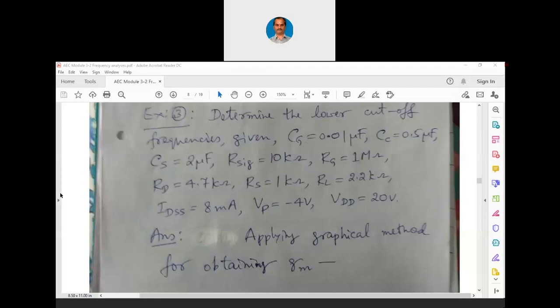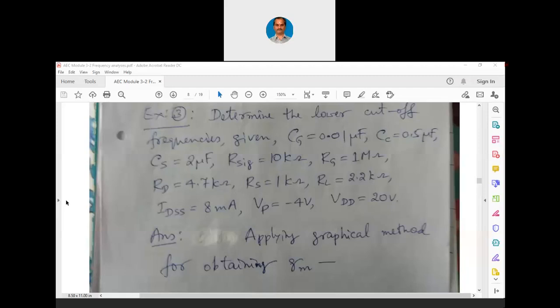So CG is 0.01 microfarad, CC is 0.5 microfarad, and CS is 2 microfarad capacitance at the source. R sig, the signal source's resistance, is 10 kilo ohms. The resistance at the gate is 1 mega ohm, resistance at the drain is 4.7 kilo ohms, and resistance at the source is 1 kilo ohm.